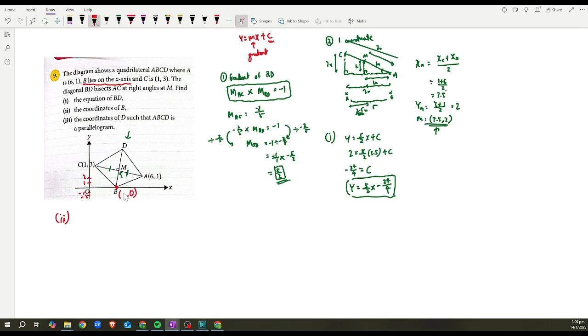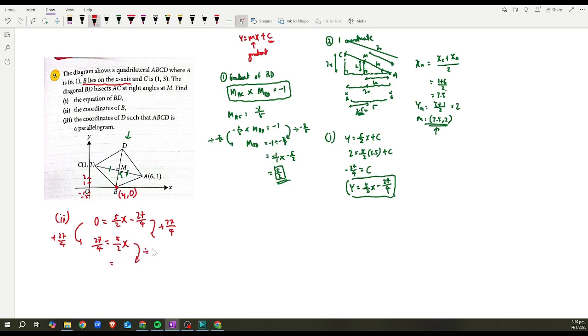Okay, so we need to figure out x. We can just substitute y equals 0 into the equation, because B lies on BD. So sub y is 0: 0 equals 5 over 2 x minus 27 over 4. And from here, we can solve for x. 5 over 2 x equals, so we add 27 over 4 on both sides, 5 over 2 x equals 27 over 4.